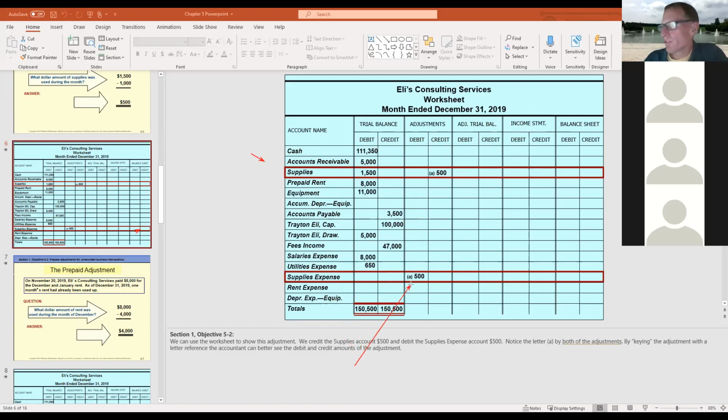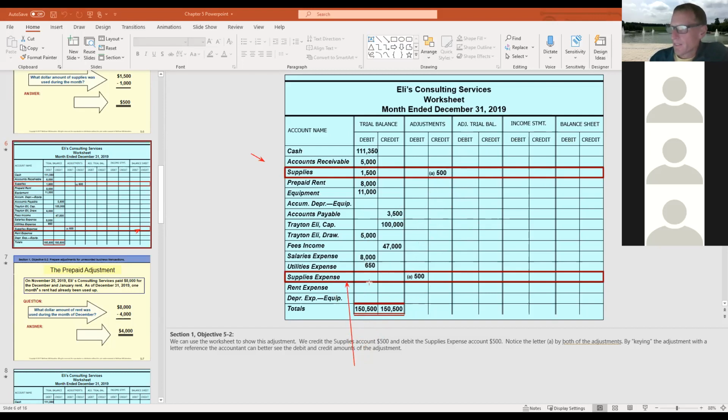So what's going to happen eventually is we're going to take everything in this trial balance column, and we're going to either add or subtract these adjustments, and then do an adjusted trial balance. And then at that point, that will then do the financial statements. And so, for example, right now, for supplies, you take this 1,500, you would subtract out 500, and you'd put a balance of $1,000 right here in your adjusted trial balance.